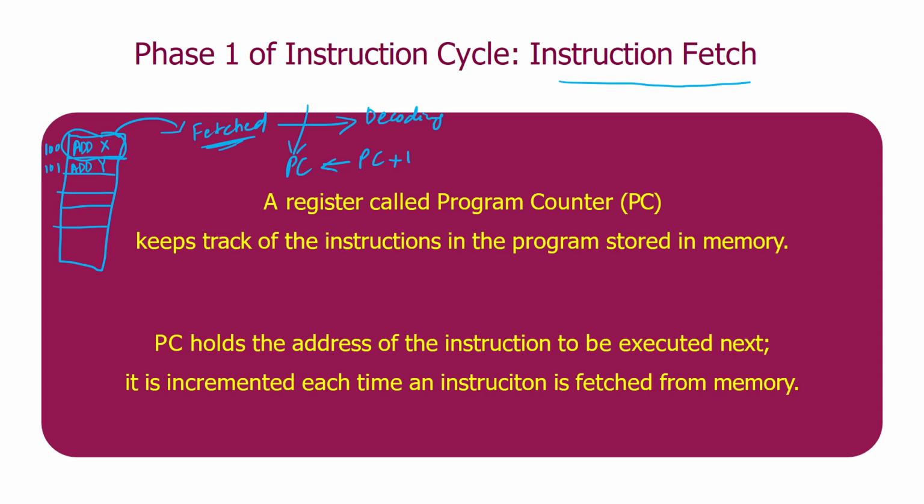At initial phase, program counter was 100. Before the decoding, PC has already become 101. So the program counter holds the address of the instruction to be executed next. So 101 is the instruction address of the next location.